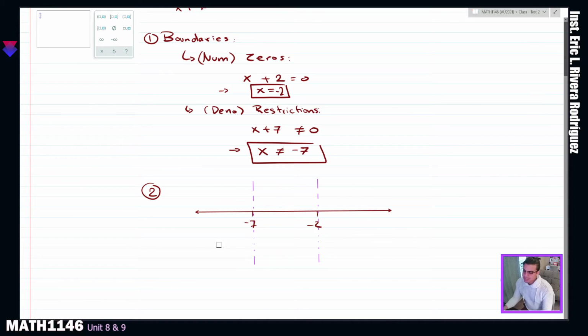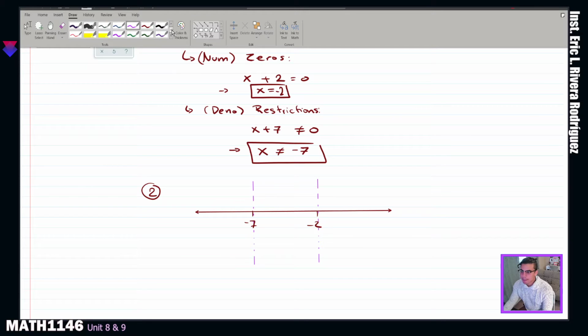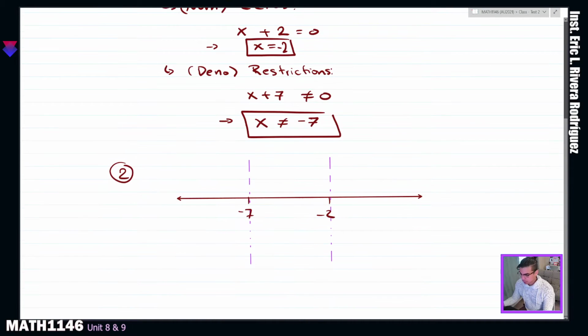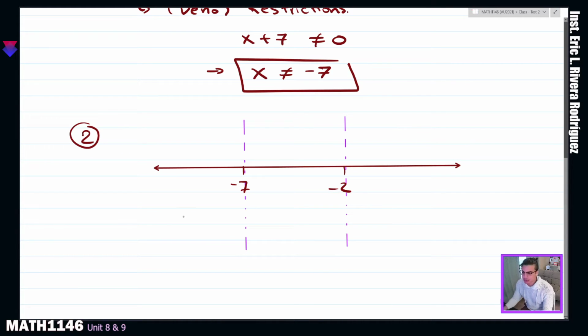In this occasion, because we are working with a rational function, I won't recommend using the multiplicity here, because depending on the exercise, sometimes it gets confusing. The only thing that you need to remember is that for -7, as in any restriction, we could have either a vertical asymptote or a hole in the graph.